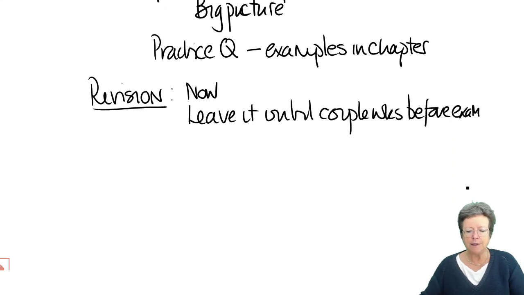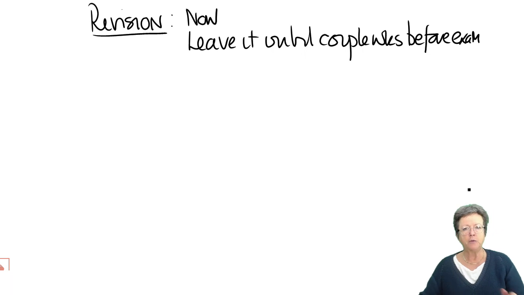Now, if you are leaving it and you're going to move from this onto the next tax that's in the manual, which is capital gains tax, then when you come to do revision, go back and review the chapters and the examples, just to make sure that you've got all that information in here.